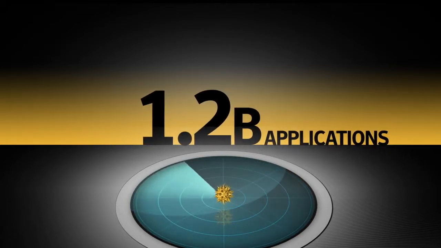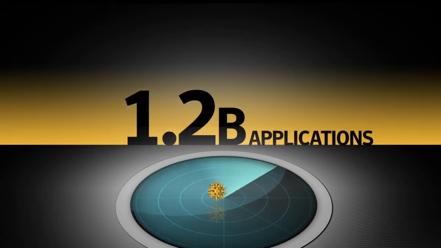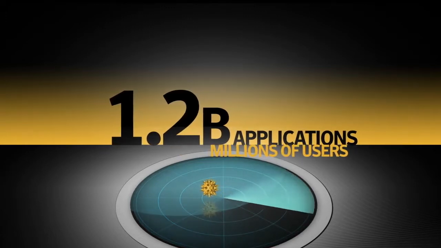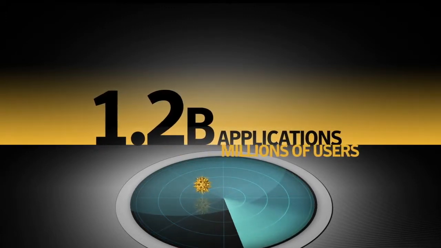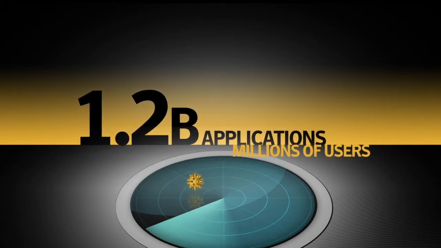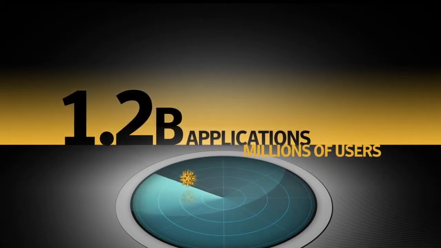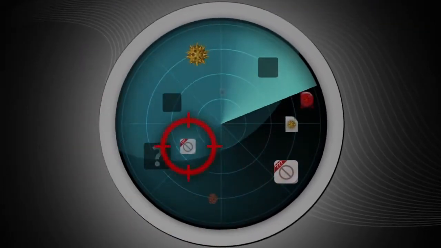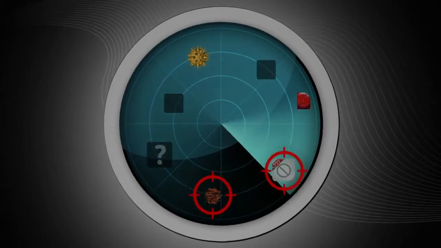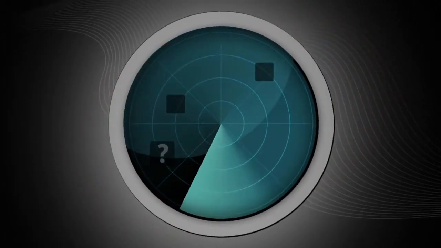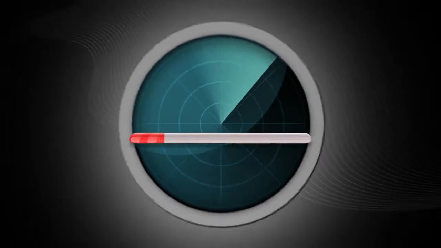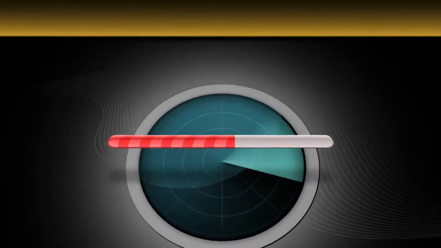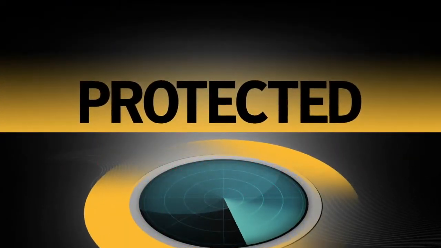SONAR has analyzed more than 1.2 billion applications and leverages information from millions of users and extensive historical data to make it so effective that it can accurately identify threats even if just a single Symantec user encounters them. SONAR is especially effective against new threats or those that work hard to avoid detection. With SONAR, stealthy attacks that try to trick your users into executing a program, or those where malware might be silently installed, won't be able to hide, and you can rest knowing that your users will be protected.